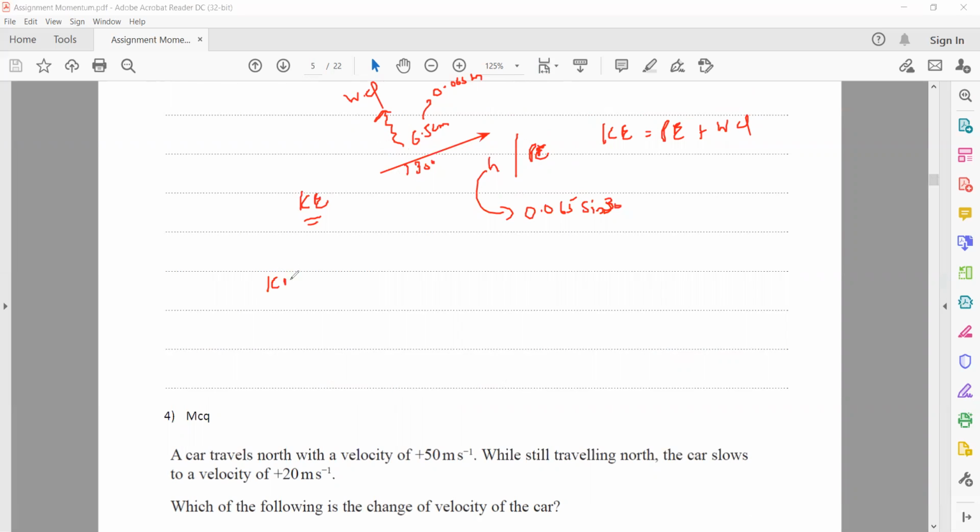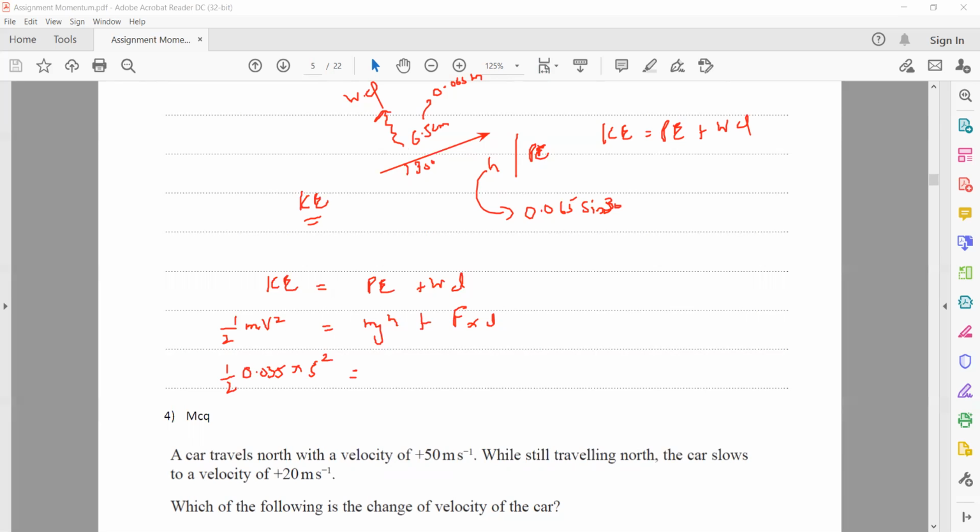that kinetic energy changes into potential energy plus work done against the friction. Kinetic energy is half mv squared. Potential energy is mgh plus work done against the friction, so force into distance. And we know the distance moved on the ramp is already given, so we just substitute these values. Kinetic energy will be equal to half, mass is 0.035 from the previous part, and the speed at which it enters is 5.